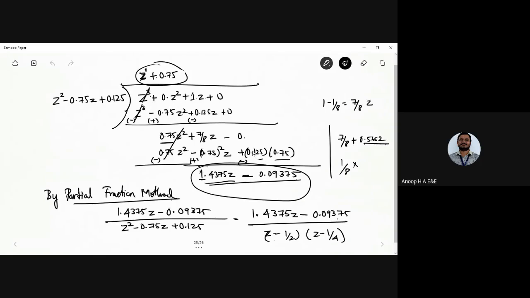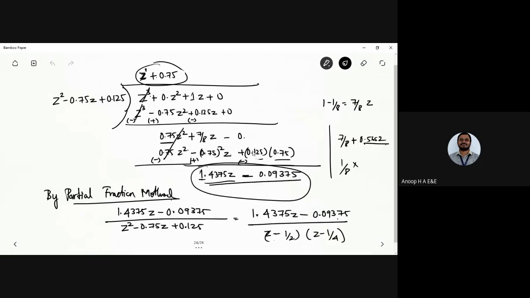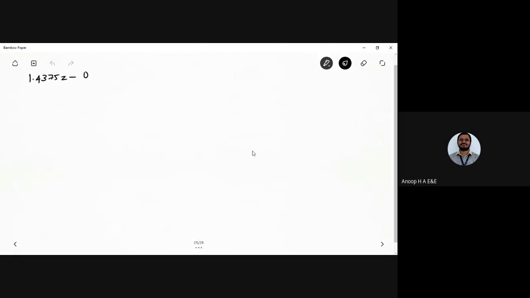Now it is quite easy for you to solve this by the partial fraction method. I don't have to go into detail now, so let me go quickly. (1.4375z minus 0.09375) divided by (z minus 1 by 2) into (z minus 1 by 4).